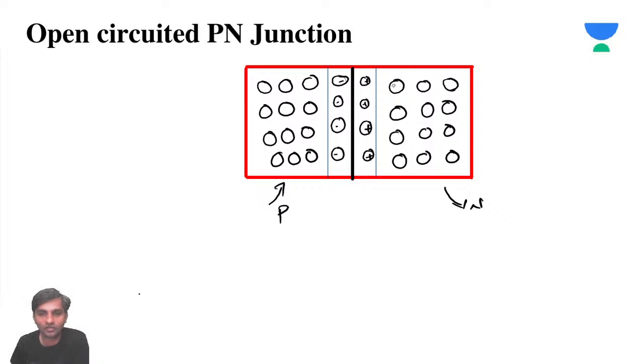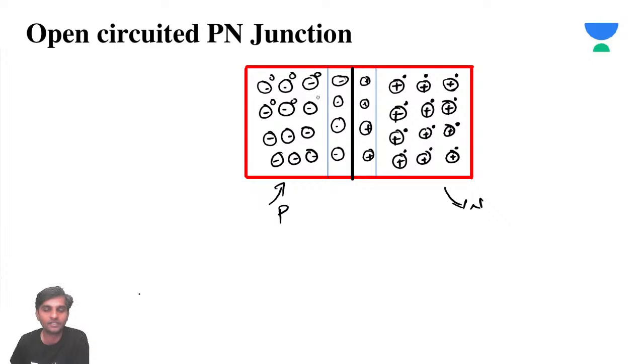What will you have, sir? You will have positive ions with the free electrons here, and all negative ions here with the holes, because it is P type.